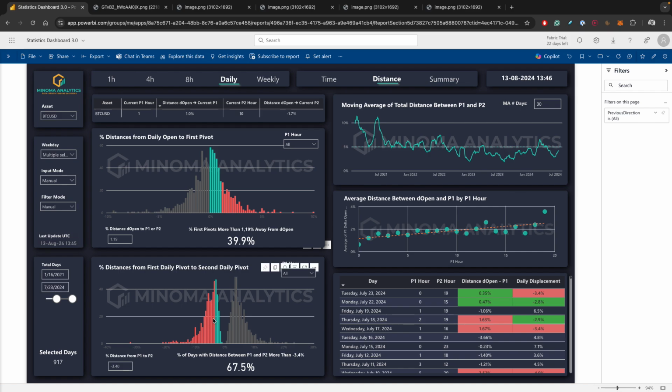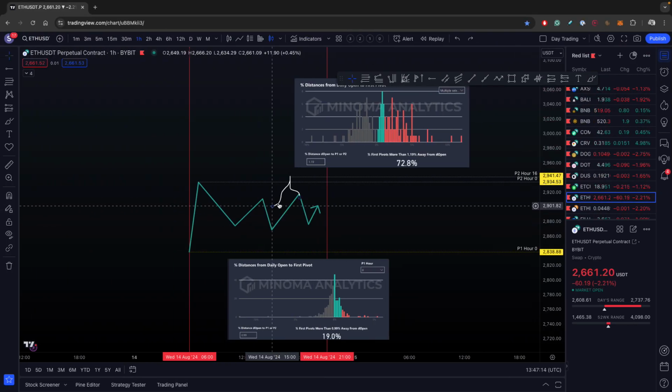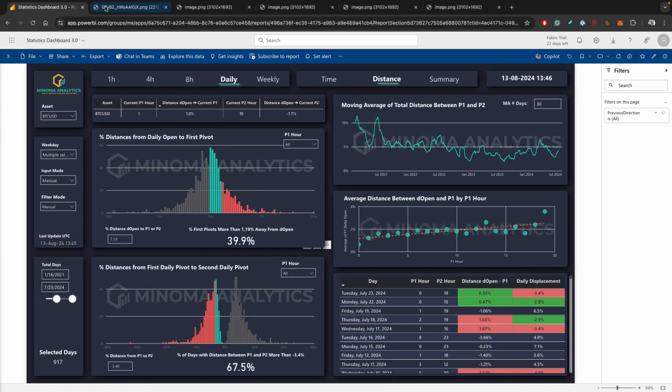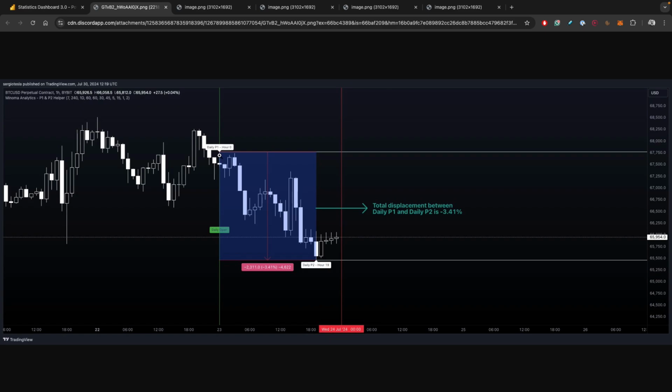If you know how to interpret this graph, it obviously works the same. You can see now the positive values are grayed out, and this is probably a good point to make. Everything negative, below 0, simply means that P1 is the daily high and P2 is the daily low, because we're having a negative displacement.